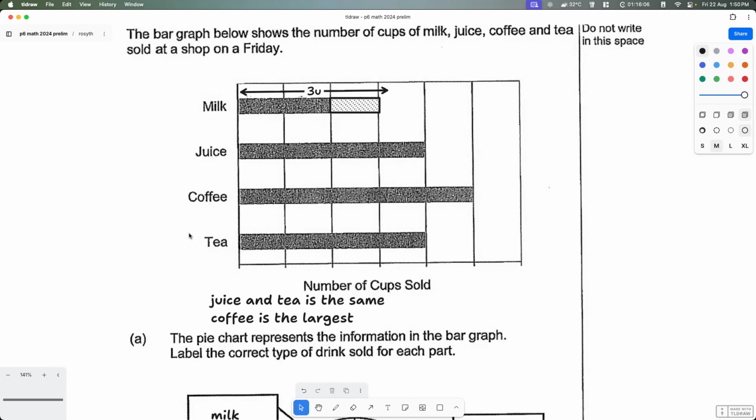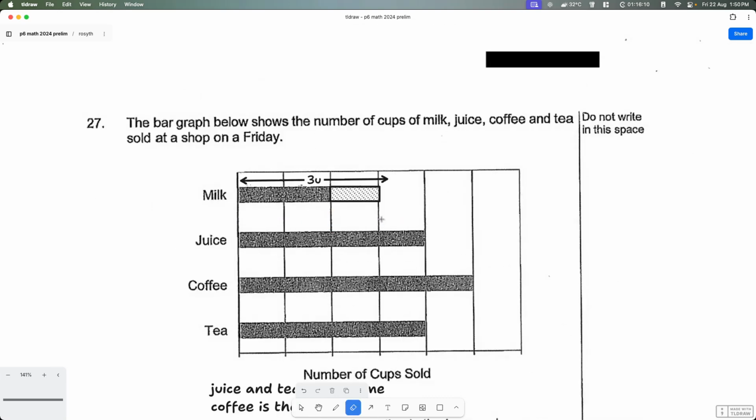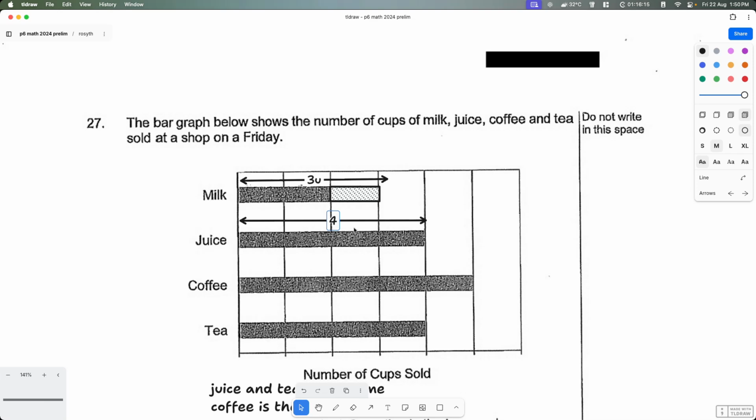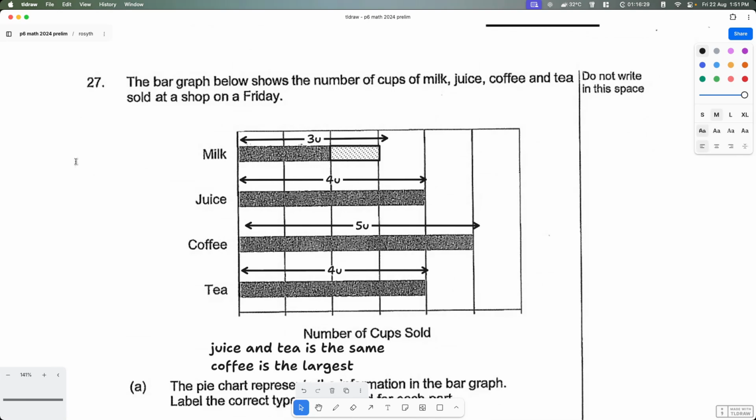So let's calculate the number of units. 3 units for milk, 4 units for juice, same with tea, and coffee is 5 units. So 3 units is how many? 84.